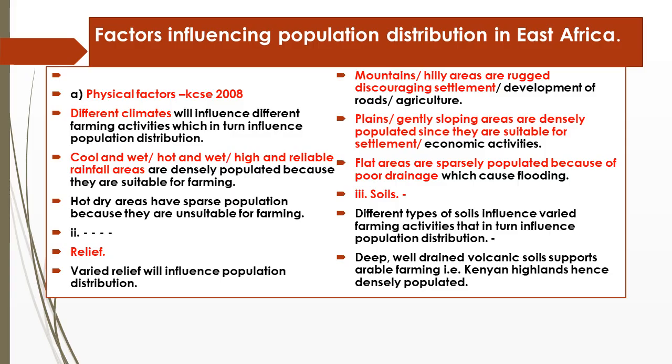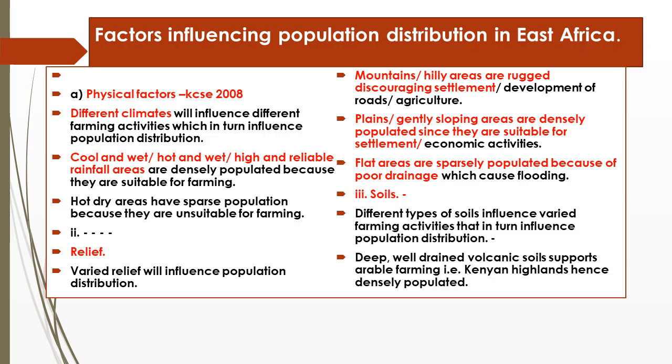In places that are arid, the hot and dry areas have sparse population because the conditions provided by climate in that area make it unsuitable for farming, and therefore doesn't attract population.